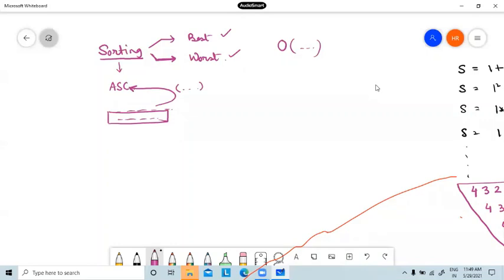If my data sequence is such that I require the minimum time to sort it, then it is called the best case.